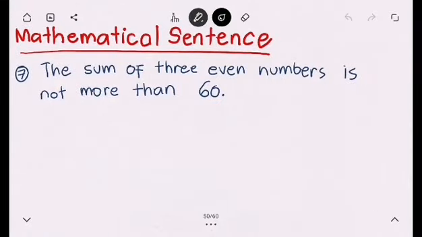So, for our last example, we have the sum of 3 even numbers is not more than 60. Again, meron na kaagad tayong clue na hindi ito equation. Kung i-analyze natin, this is the sum of 3 consecutive even numbers is not more than 60. Hindi lalagpas ng 60 ang kanilang sum. Katulad dun sa number 2 example, ang ating magiging unang number is x.